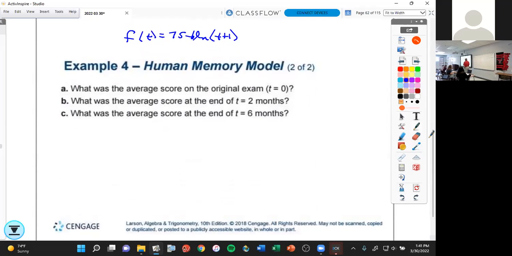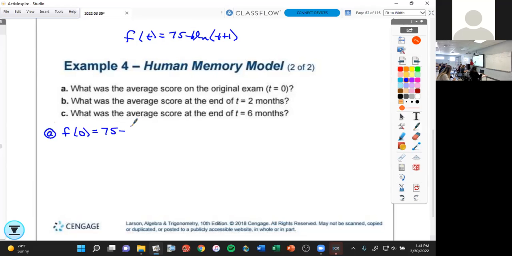So for part A, what are we going to do? Change the t's. Okay, so we have f of 0 equals 75 minus 6 natural log of 0 plus 1. Now think about it before you enter it in the calculator.